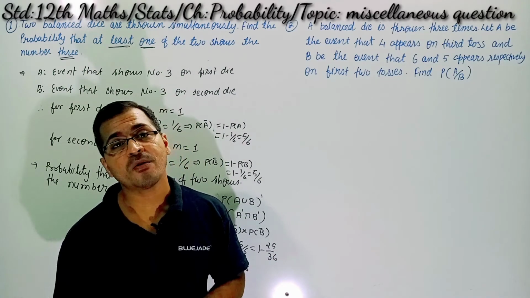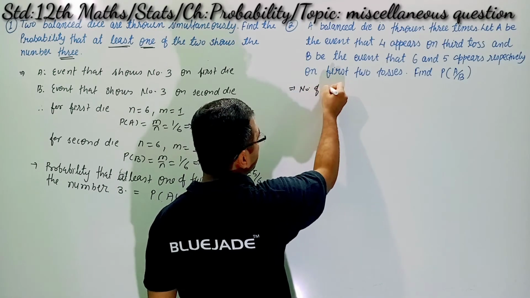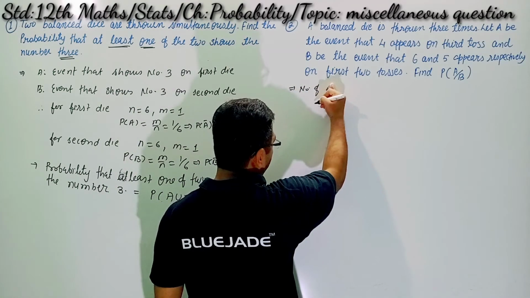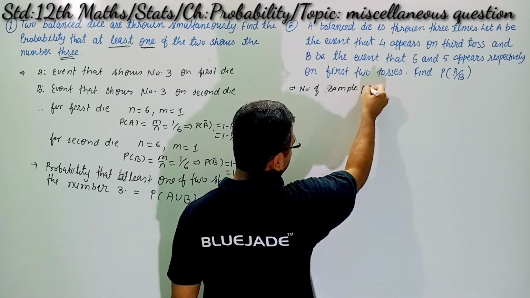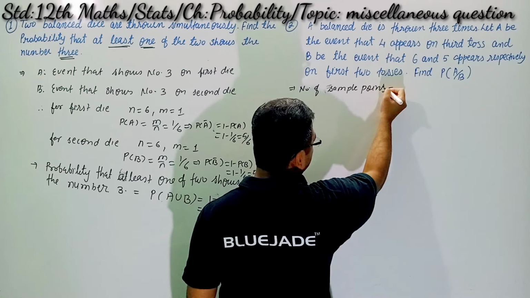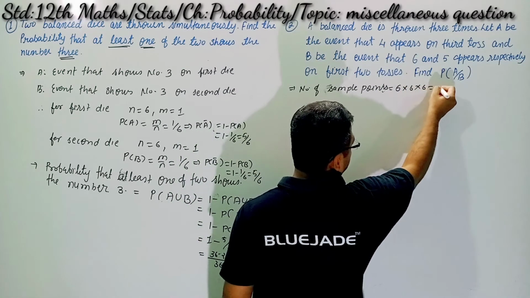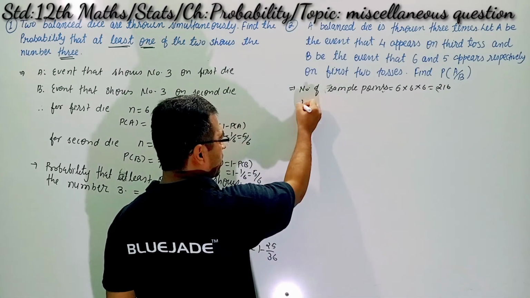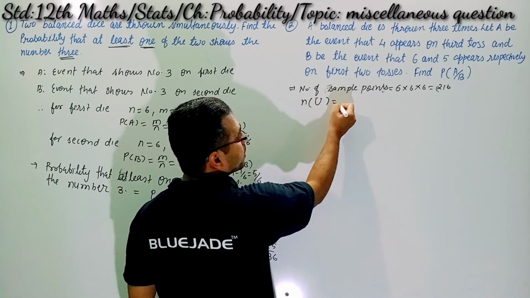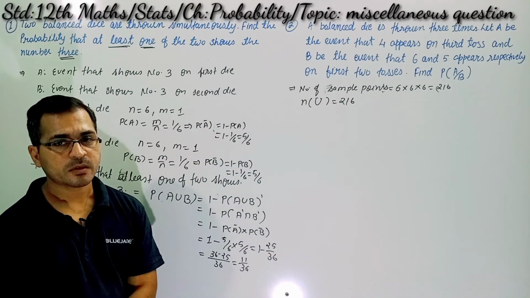So what will be the number of sample points? 6 into 6 into 6, 216.